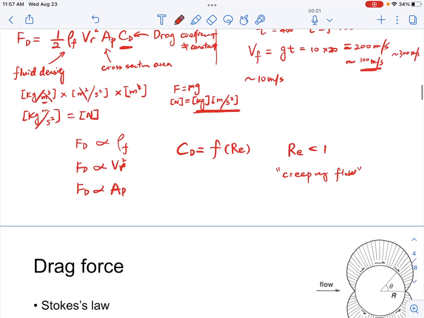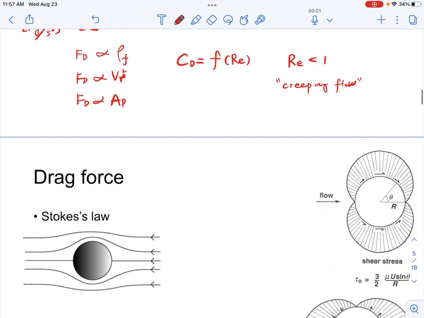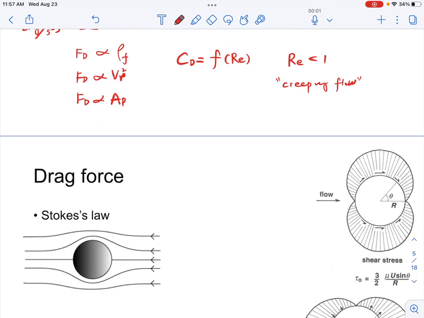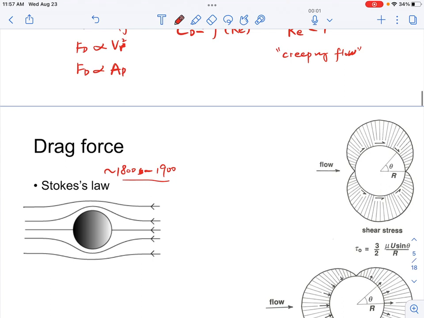Now it's the year of around 1800 to 1900. People come up with this new equation of the drag force, according to Stokes' law.